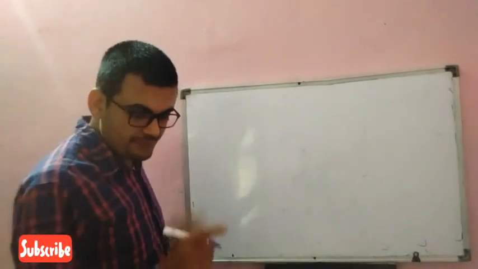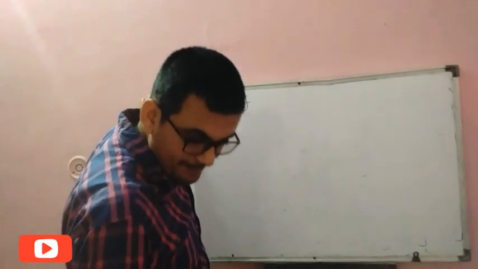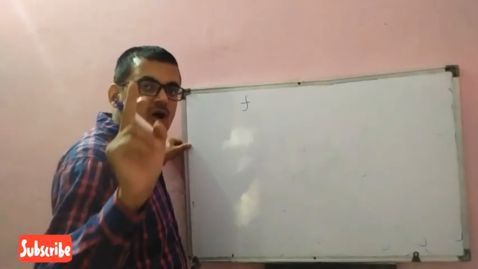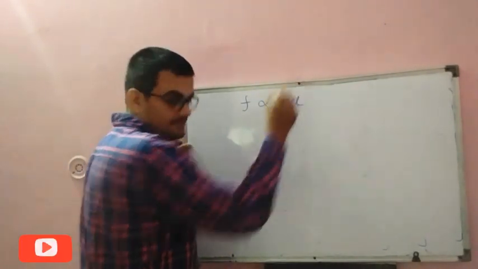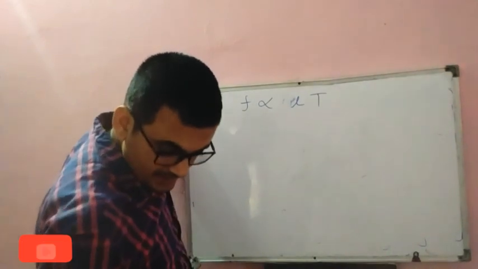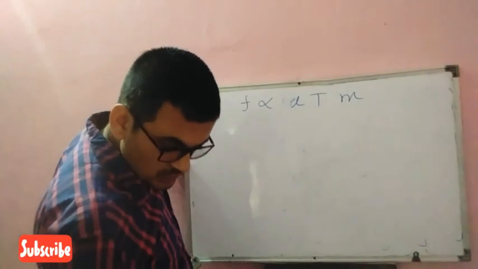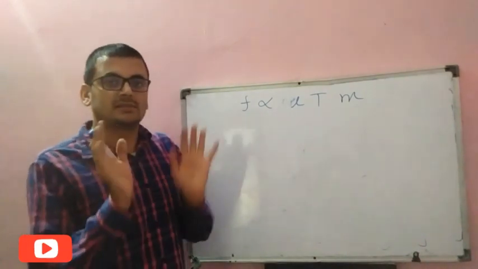I am reading from the book: the frequency of vibration of a string must depend on the length of the string, tension T in the string, and mass per unit length of the string. Use the method of dimension to establish the formula for the frequency. This is the summary of the question.